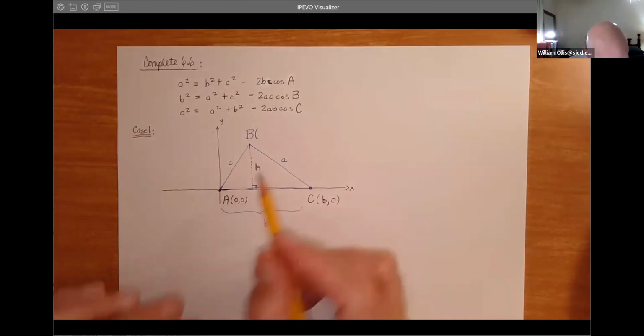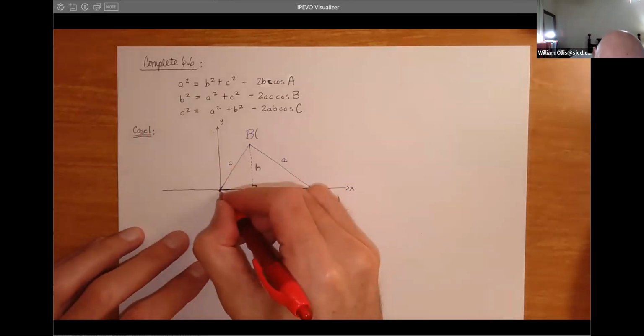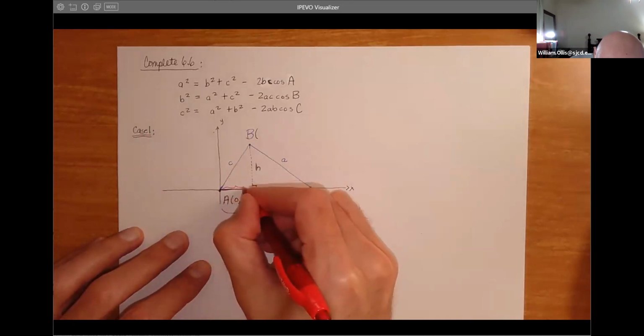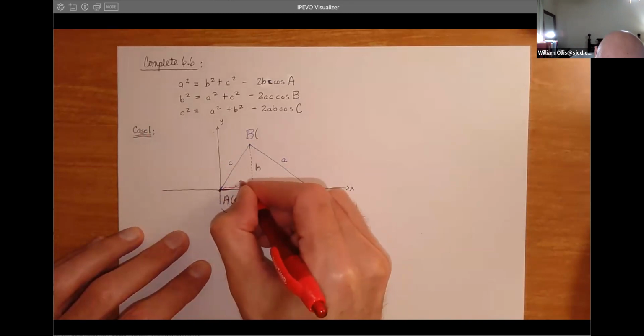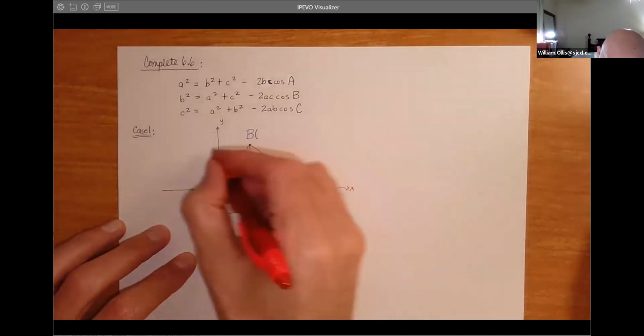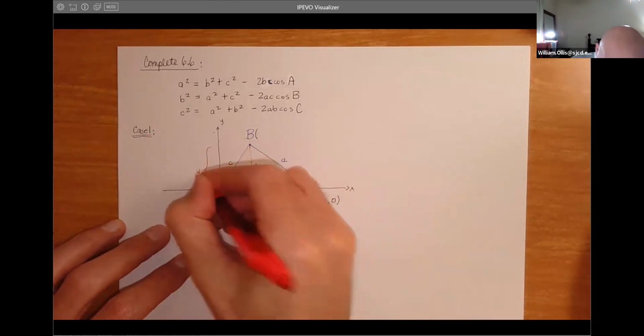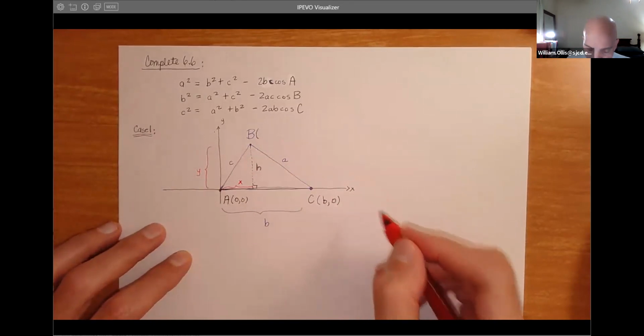So here's what we can do, and it doesn't matter if you think of this way or whatever way. I'm going to go ahead and label this distance here. I'll do it up here so you can see it. This will be distance X. And then the distance from here to here, we're going to call Y, like we're using a terminal point on the unit circle.